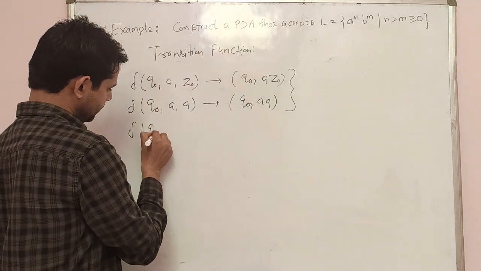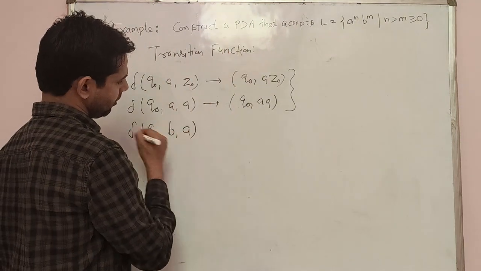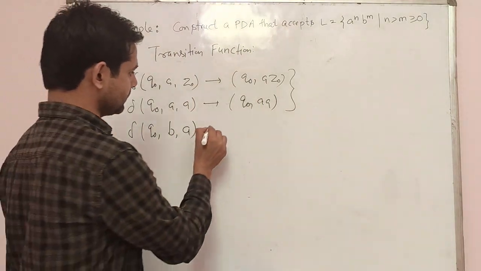Then we have some B's at Q naught. The input symbol is B and the stack top is A. What are we doing?